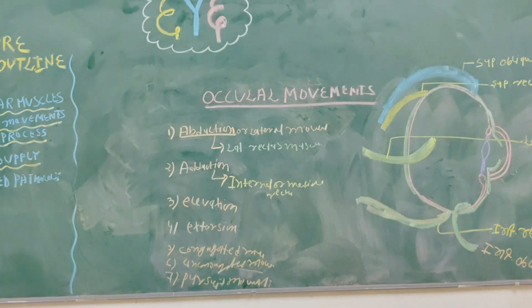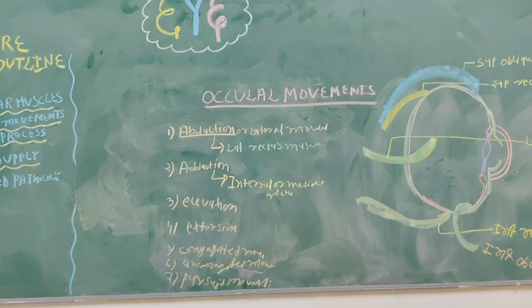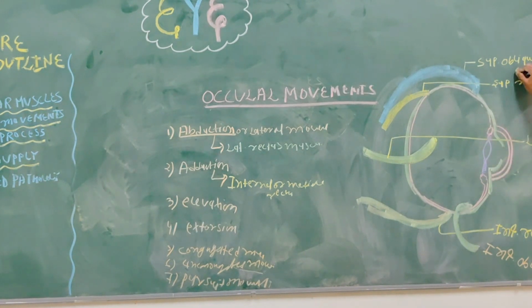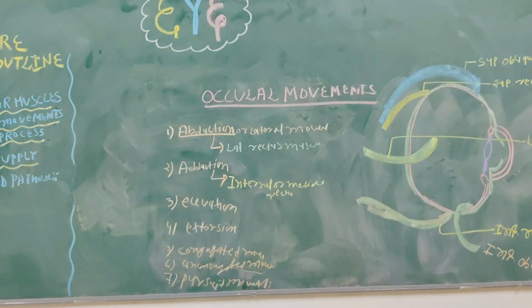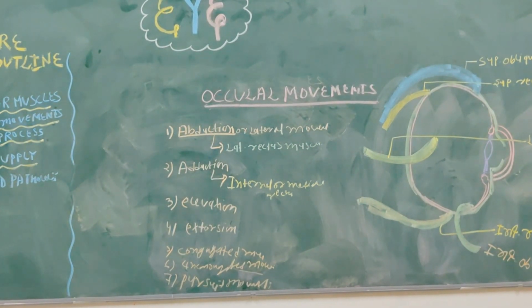About the nerve supply: the superior rectus is supplied by cranial nerve 3.